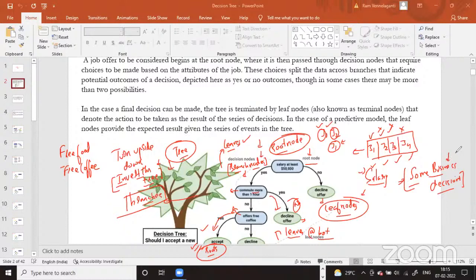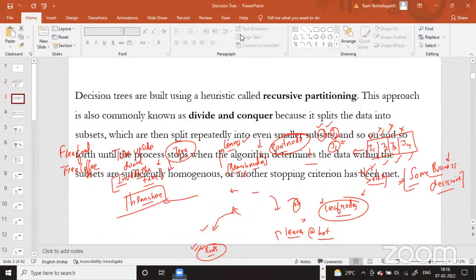That is the idea. Now, what is happening in our decision tree concept?